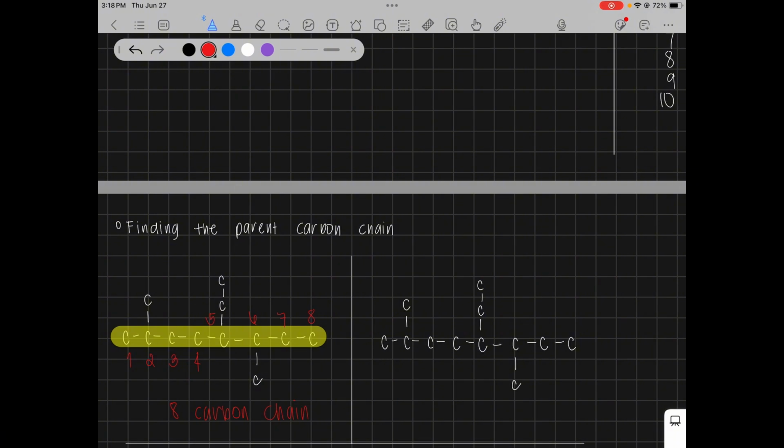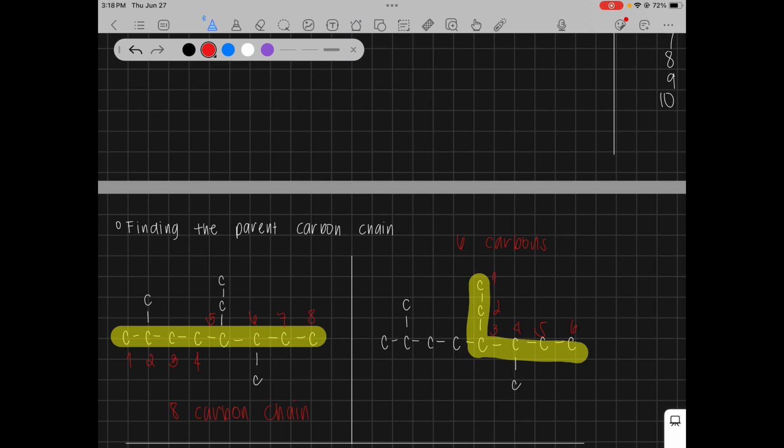Then we can also start here. So if you think about it, you can number 1, 2, 3, 4, 5, 6. 6 carbons.